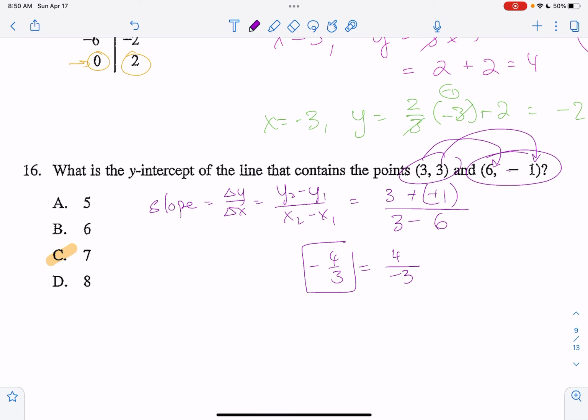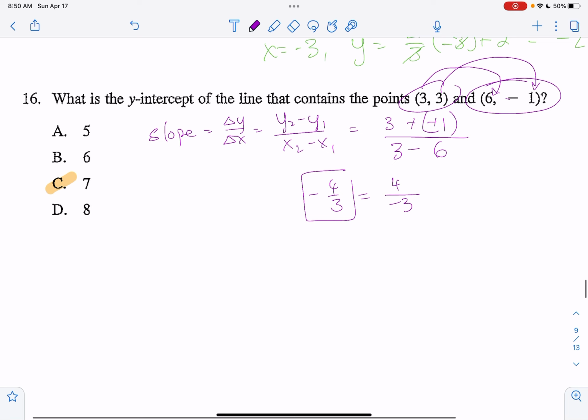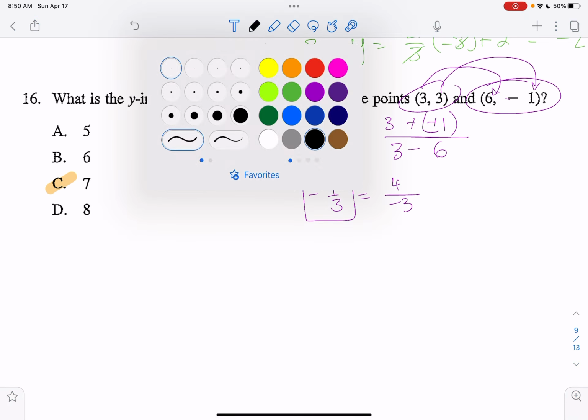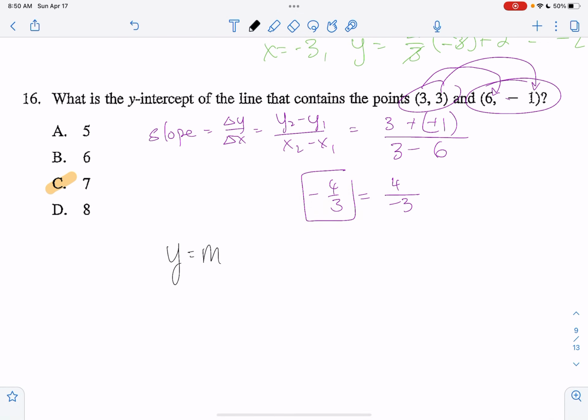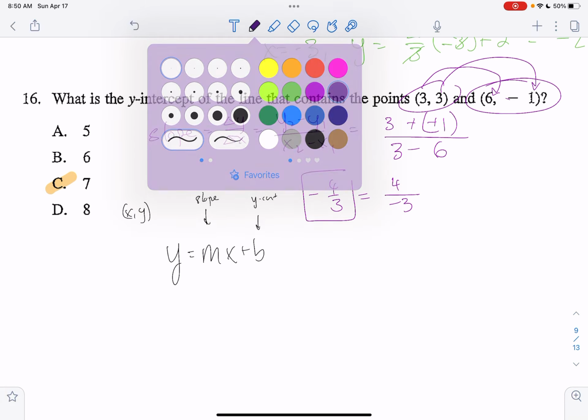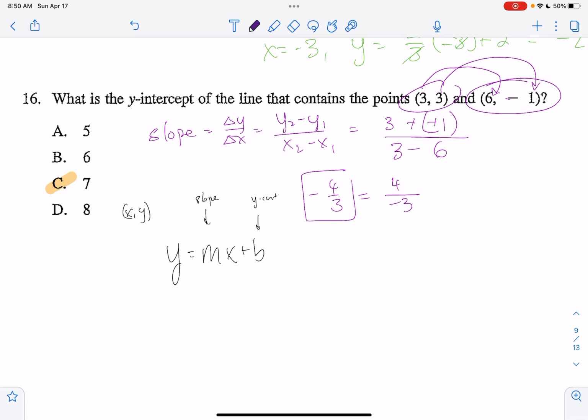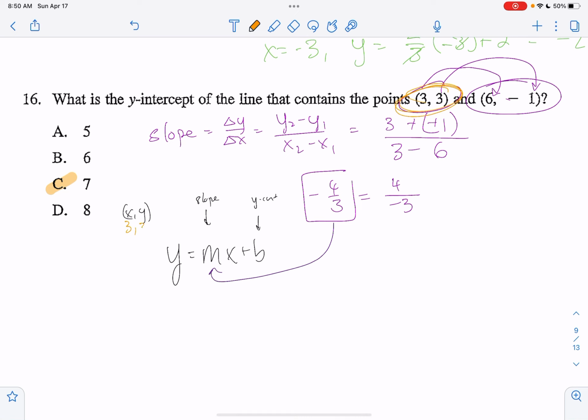So once you have the slope, then you can substitute back into y equals mx plus b, which is the slope-intercept form, where b is the y-intercept, which is what you want, m is the slope, and x comma y are the points. So in this case, you substitute in -4/3 for the slope, and you can pick any of the points. So 3 comma 3, for example: x equals 3 and y equals 3.